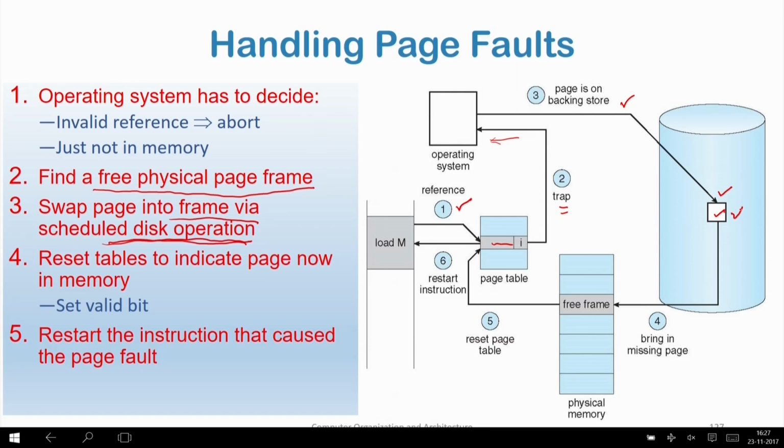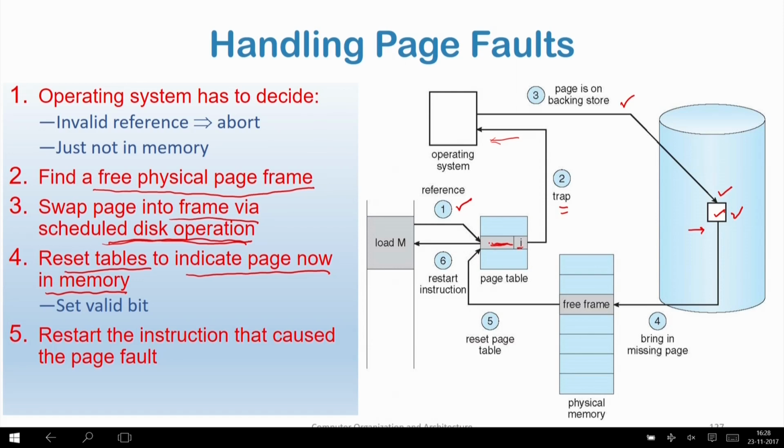After I have brought in this page, I know the page number. So I have to reset the tables to indicate that the page is now in memory. I will update the page table entry corresponding to this virtual page and write the current physical page number corresponding to this virtual page number.